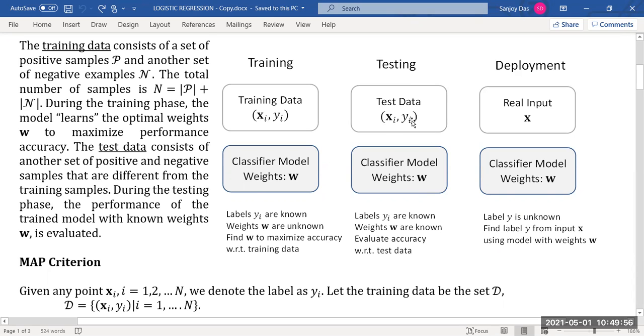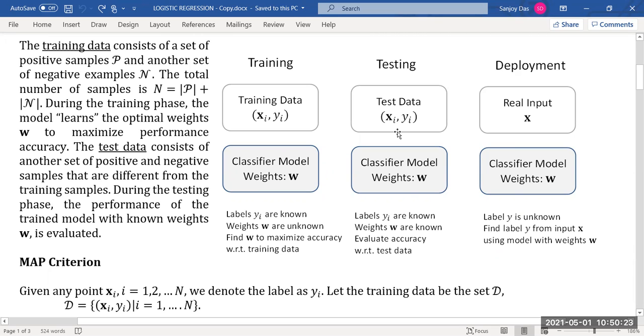Here we're not going to show yi to the machine learning model. We are simply going to input xi's. The weights are now held constant from the previous step, and we will see if the yi that the model predicts is actually the same as the yi in the test data or not.